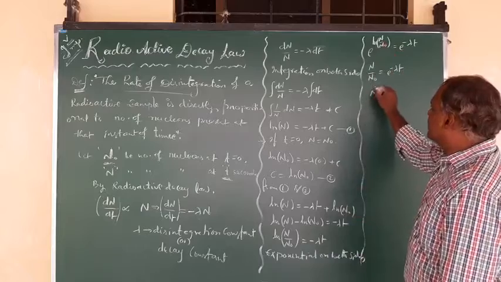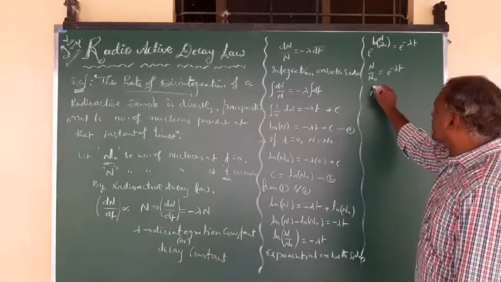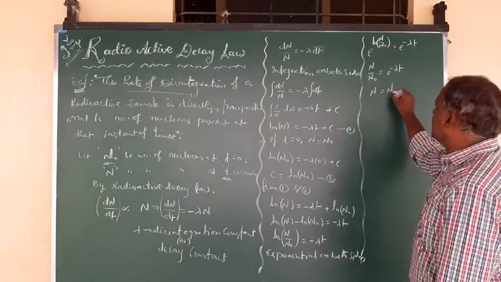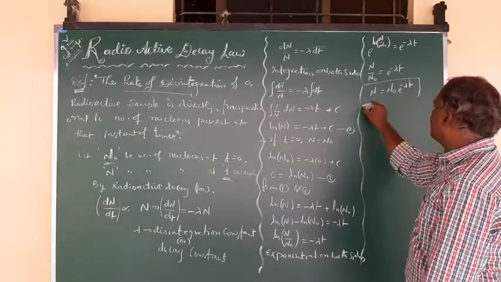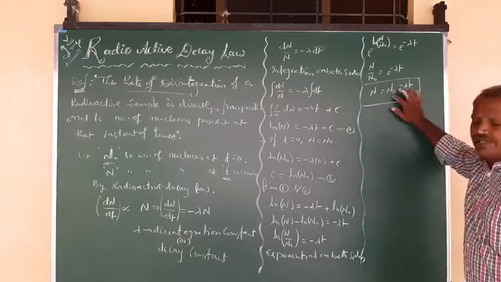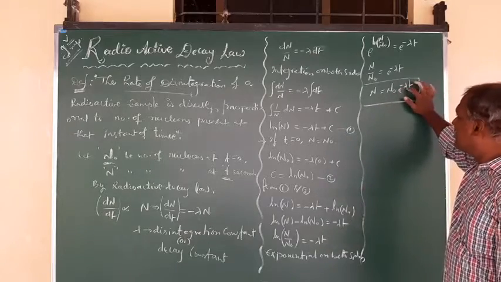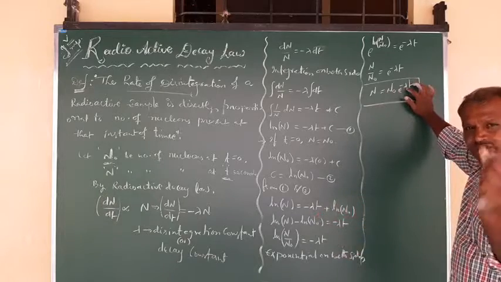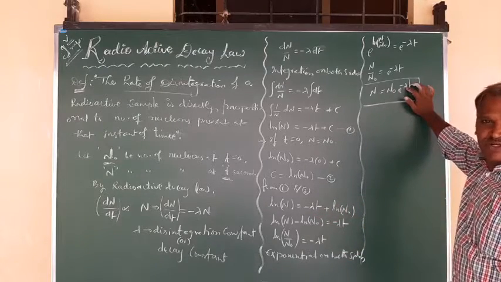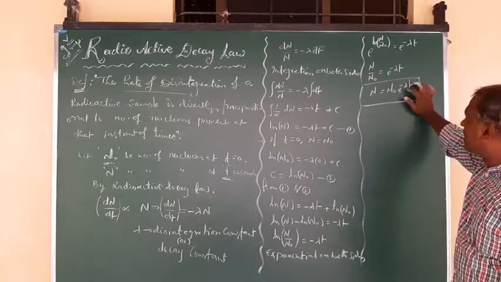So we can write N is equal to N naught into e power minus lambda t. Here N naught is the initial number of nucleons, and lambda is the decay constant. The decay constant is a constant for a given sample, and it will not be altered with respect to time. For any radioactive sample, lambda is constant.